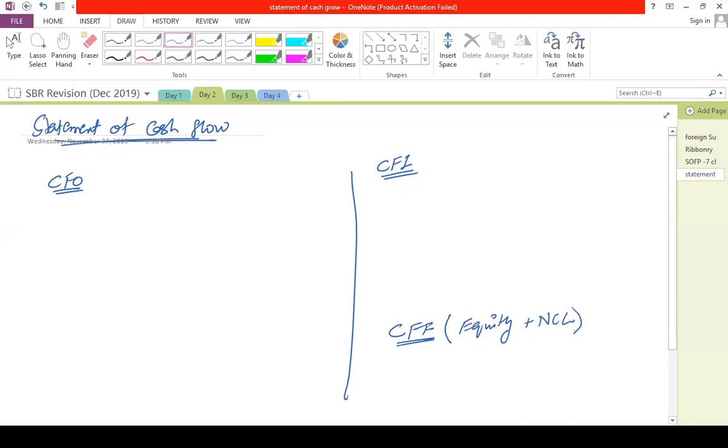The movement in equity and non-current liability, which can also be called debt, is what we are going to show in the financing activity. The investment in non-current assets and the return on the investments is what we are going to show in the investing activity.